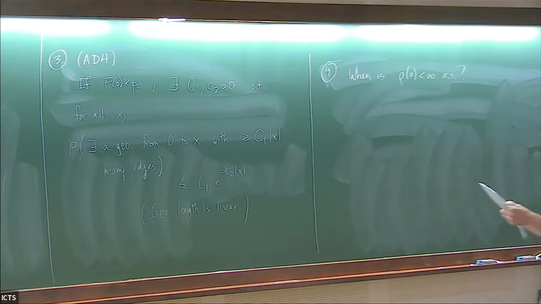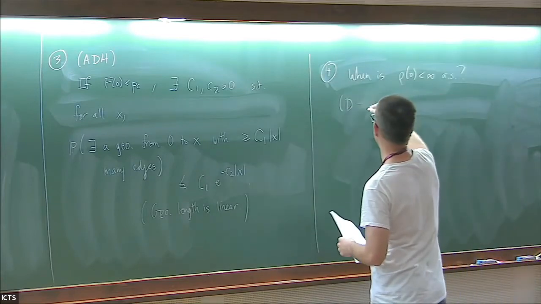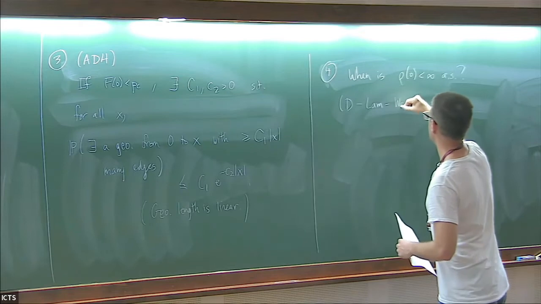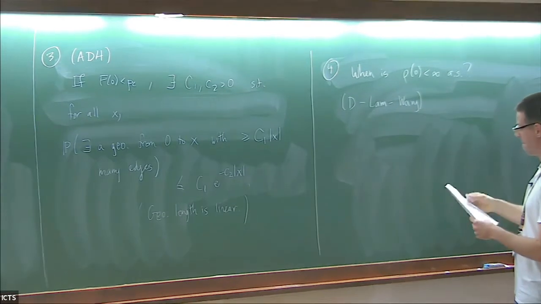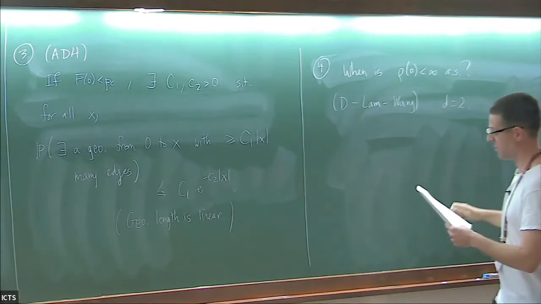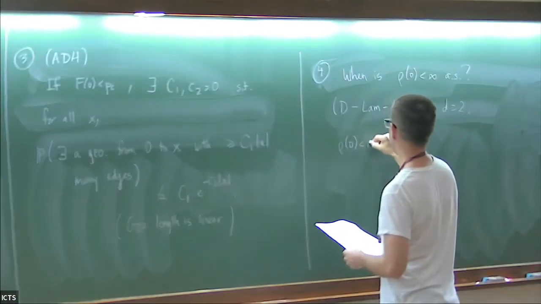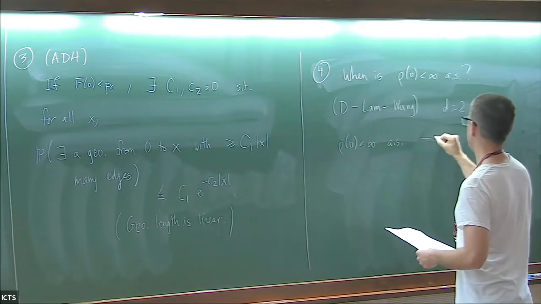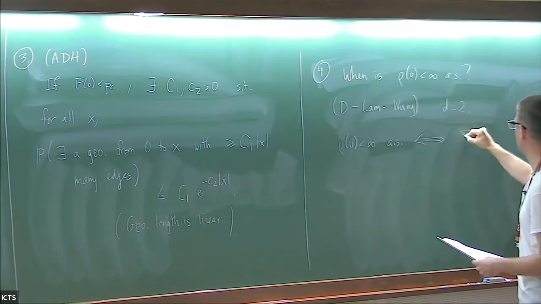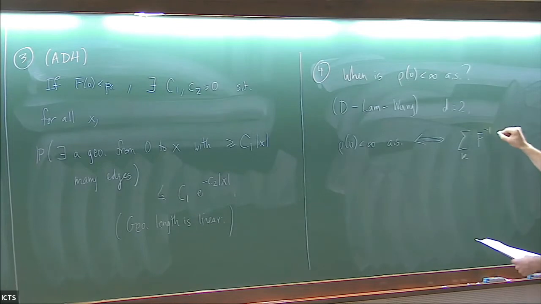Well, there is in 2 dimensions. By me and Ykit Lam and Xuan Wang, in dimension 2, we have that rho 0 is finite almost surely if and only if the sum over k of F inverse evaluated at 1/2 plus 1/2 to the k is finite. So this F inverse is just the inverse of the CDF of one of the edge weights distribution.